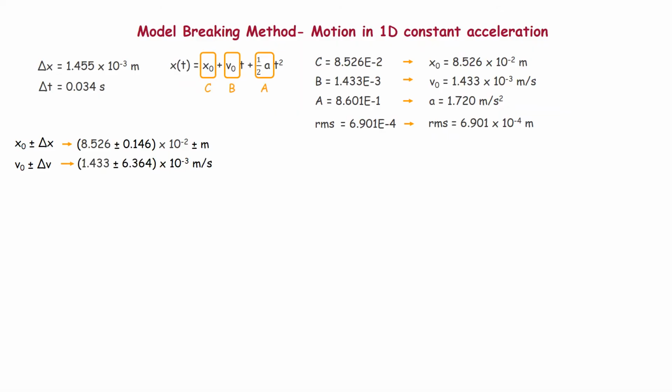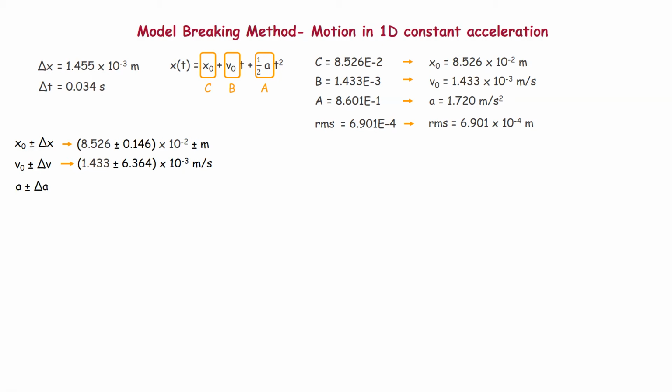What next is to find the error in the results of calculated acceleration. What is delta A? This is the calculated acceleration by the tracker, but we must also know the error in these results, because we are using values which themselves have errors.